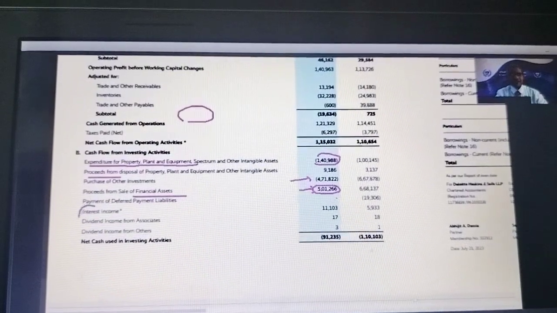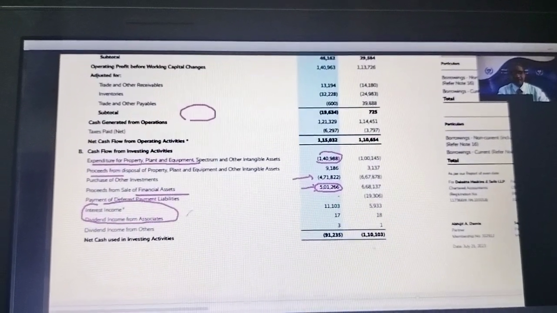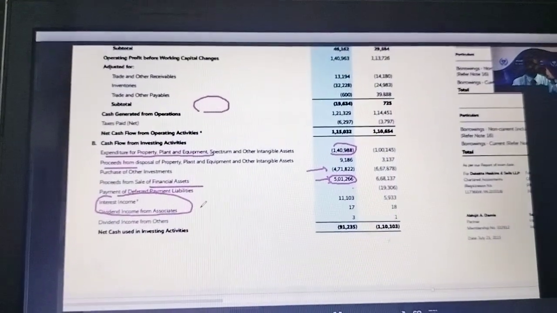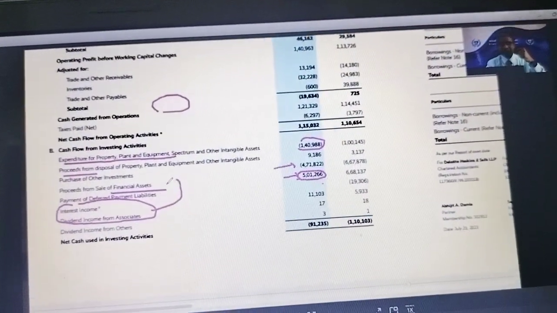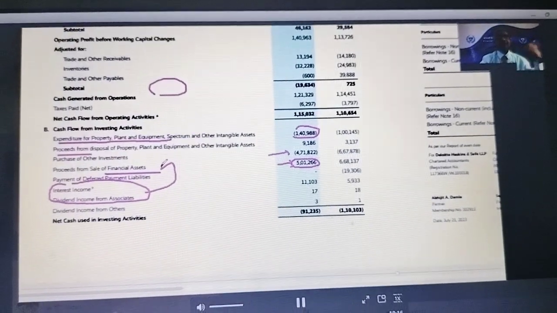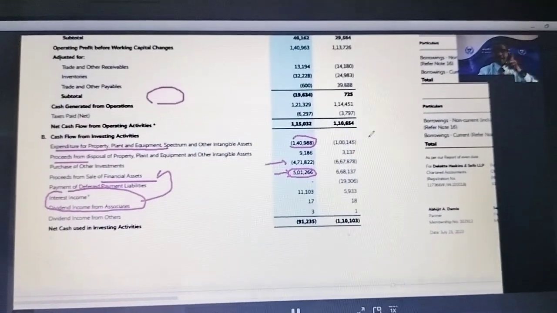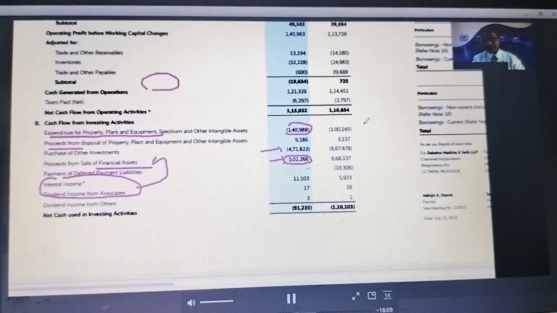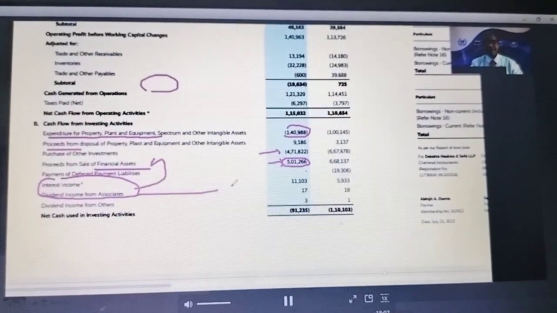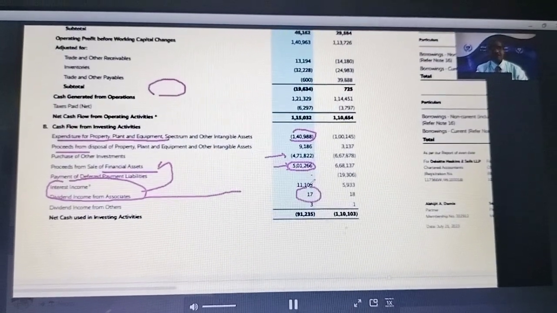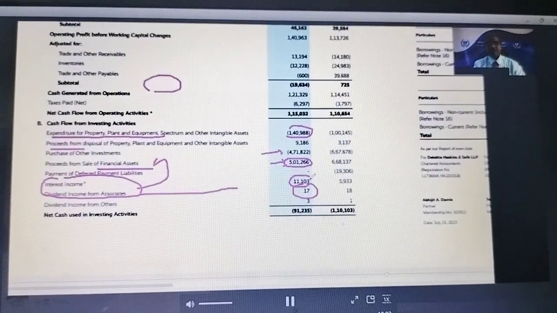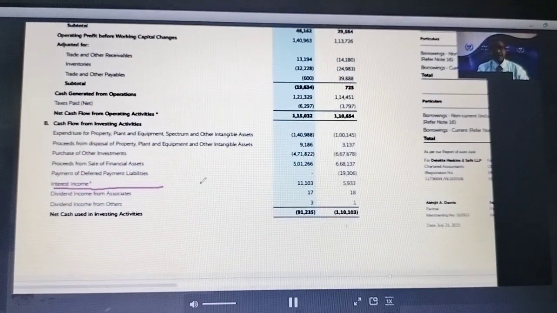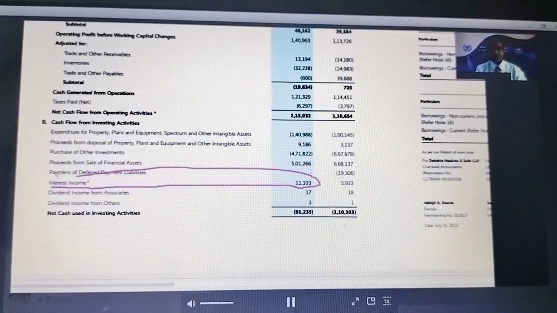Here you will see again investment and dividend. You saw interest and dividend in financing activity, but here it is related to investing in other companies, and the financing was your own company's dividend and shares. This means Reliance is getting a dividend from other companies of 17 crore and interest of 11,000 crore from the investments.